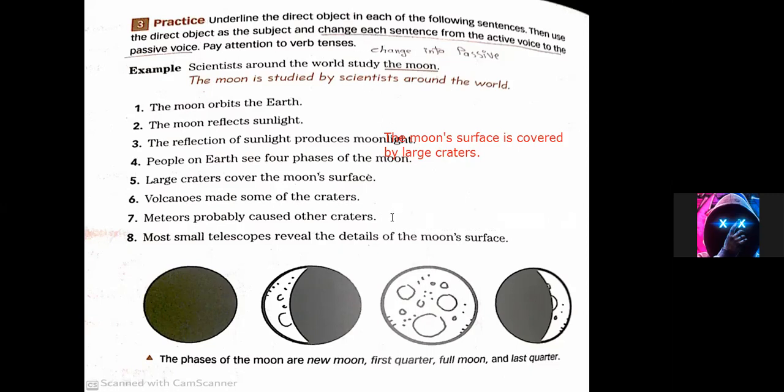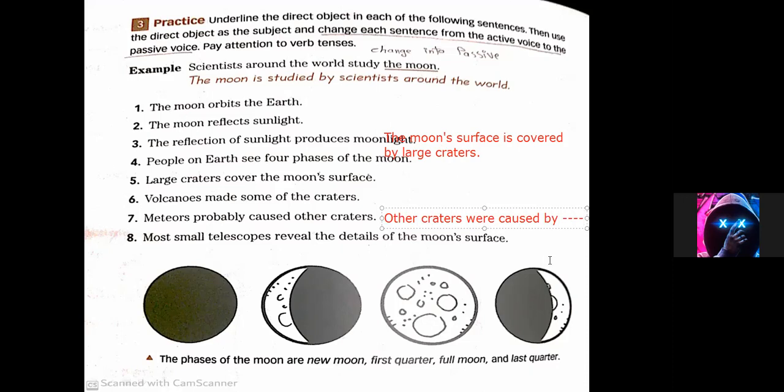So here it will be other craters were caused by meteors. Yes, well done, Abdullah. Okay, the last one, number eight.